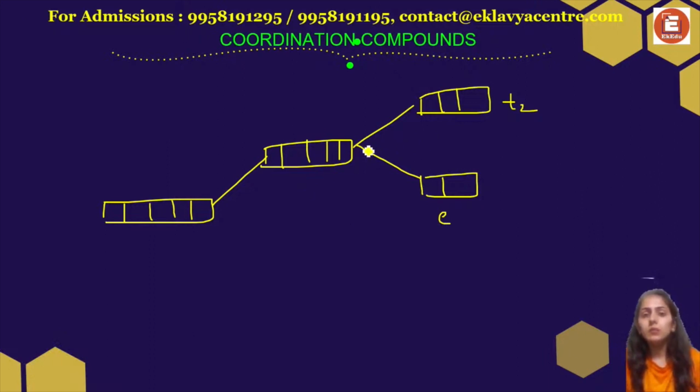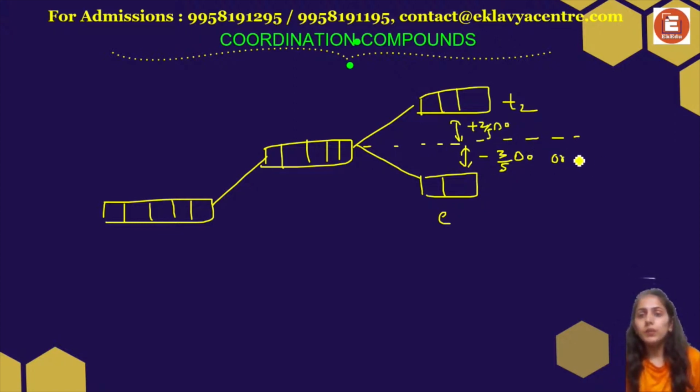It's the very center. Average energy goes to 0. So here it's minus 3 by 5 del O, or minus 0.6 del O, and here plus 2 by 5 del O.